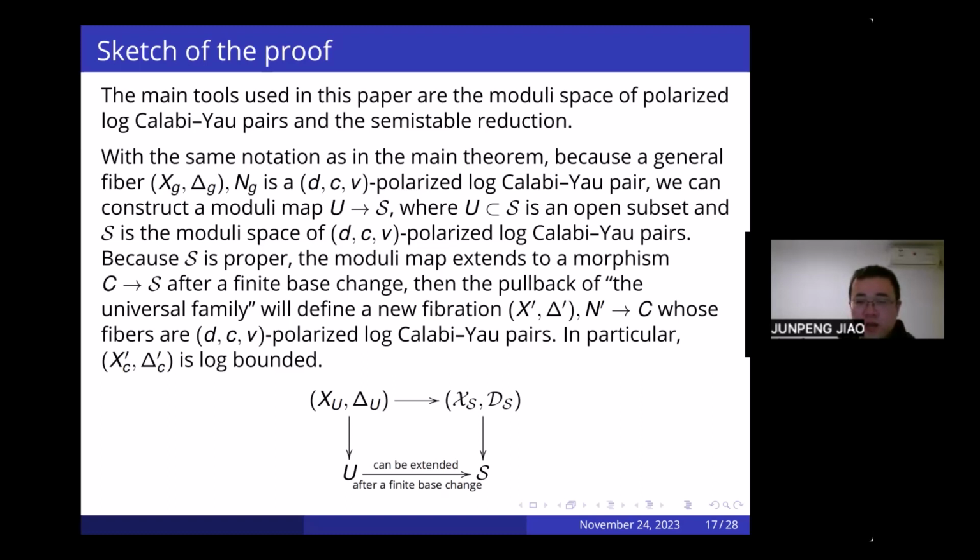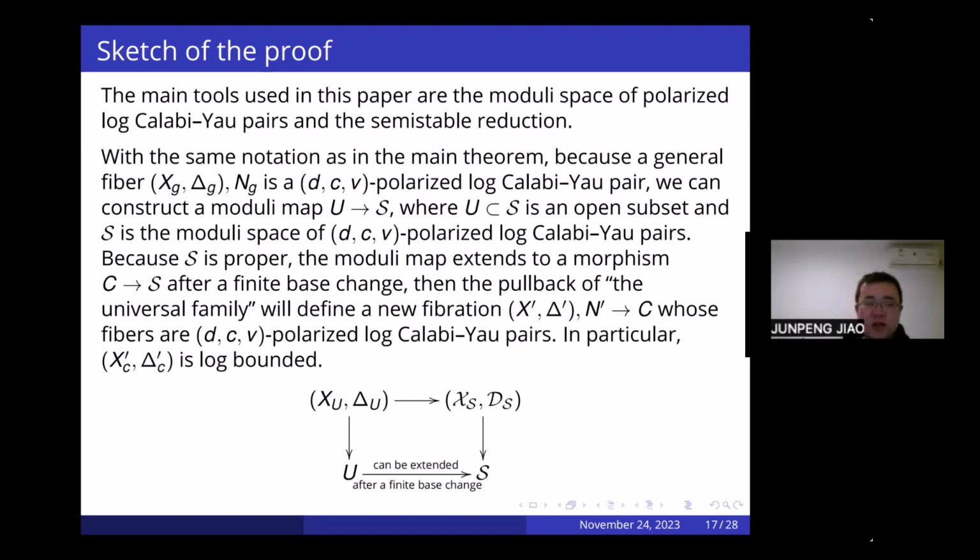And the pullback from the universal family through the modular morphism will define a new fibration, X prime, delta prime to C. And the fibers of this new fibration are all DCV polarized log Calabi pairs.